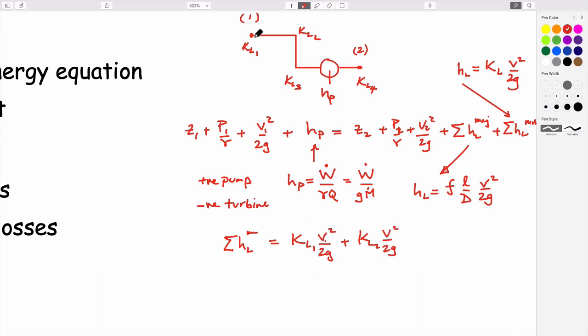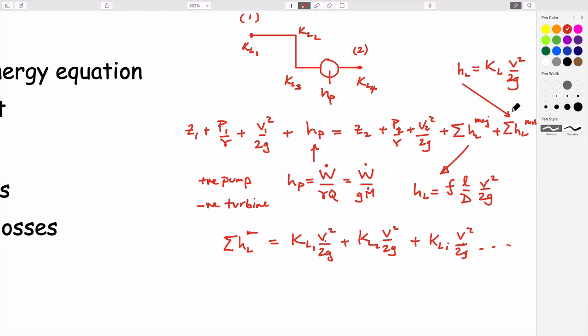Where these are the velocities actually in the fitting, either a bend around a pipe, or a valve in a pipe, or some kind of fitting that makes the bend in the pipe that has some roughness in it that gives you an extra loss, and these would all be however many of these there are. So we add these together, and these would just go into this expression.